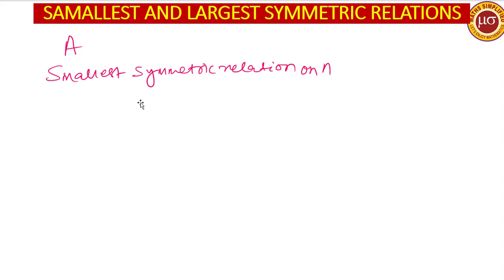What should that be? That is phi. Phi is the smallest symmetric relation on the set A. And what is the largest symmetric relation on A? It is A cross A.